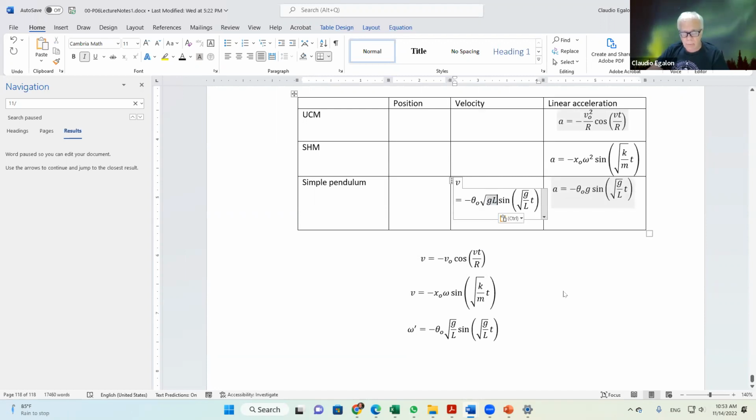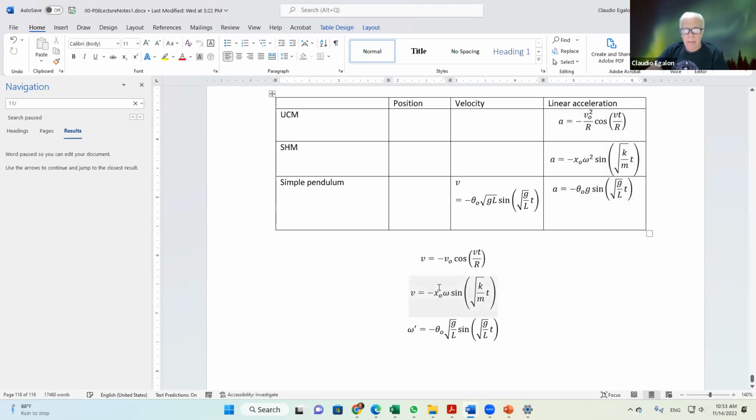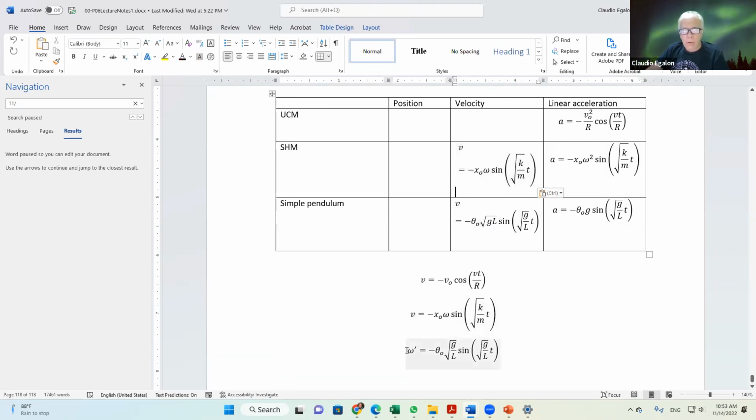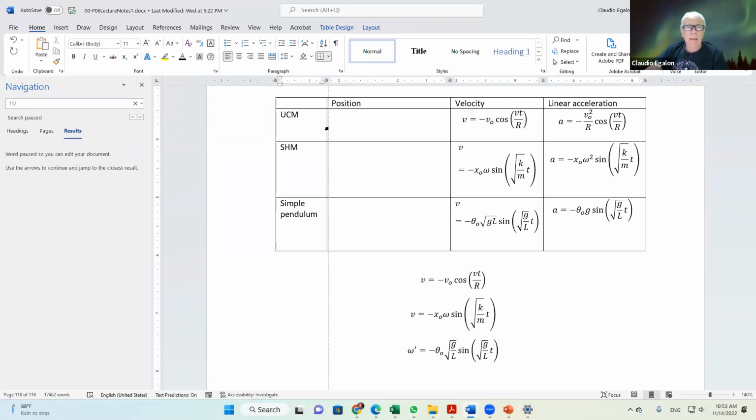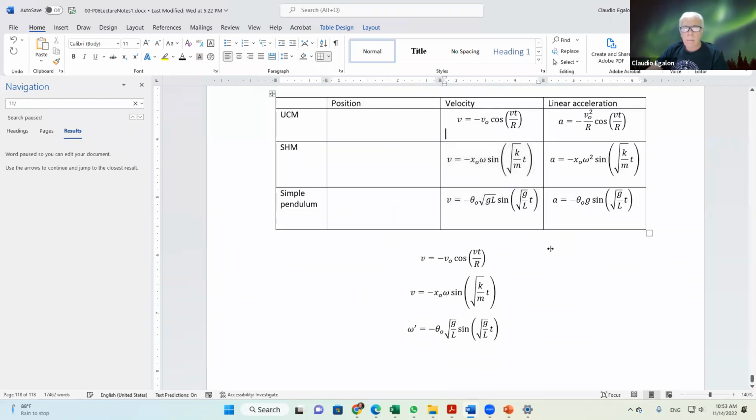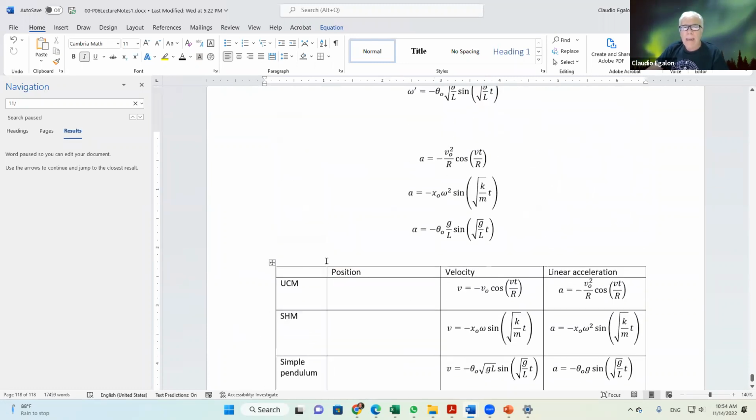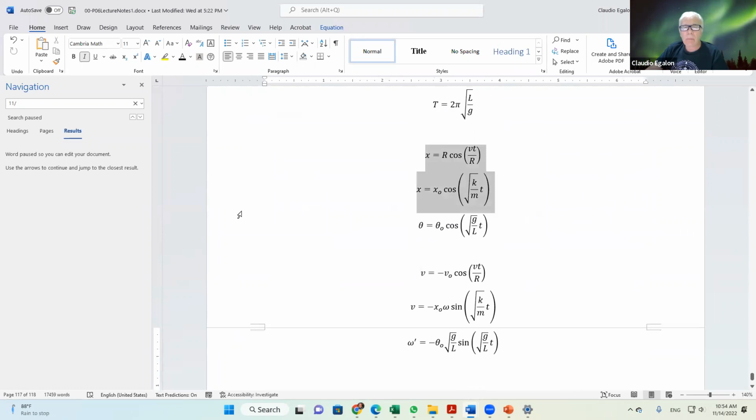The L squared cancels with the L. We get something like that. And we have this other linear velocity here for the simple harmonic motion, and the linear velocity for uniform circular motion. Let's squeeze this a little bit more. Okay, and position. What about the position? Here you go.